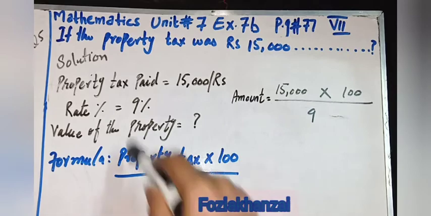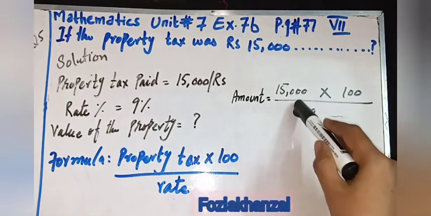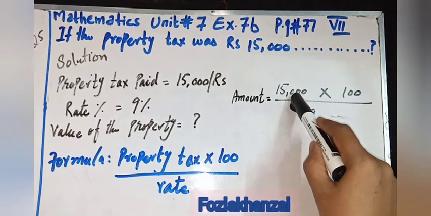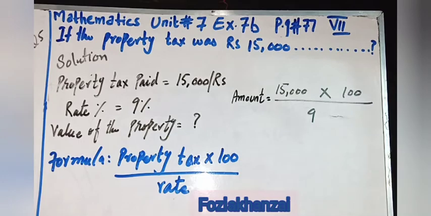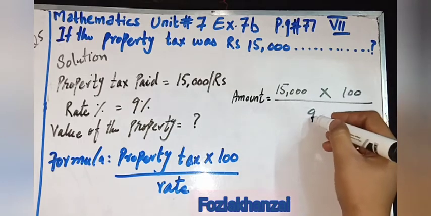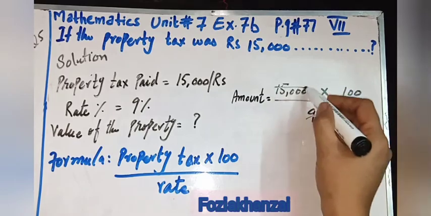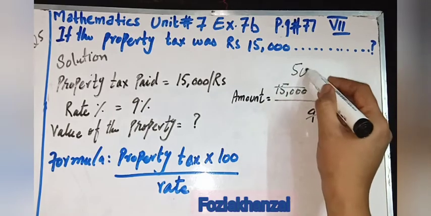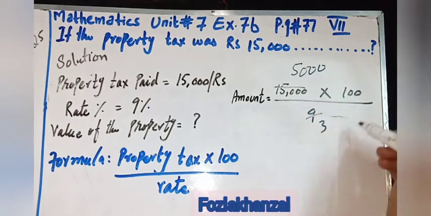So property tax paid 15,000 rupees multiplied by 100 upon 9. Reduce it by 3: 3 3s are 9, 3 5s are 15, 3 0s are 30, as it is. Now further reduce it, even and odd numbers can't be reduced.